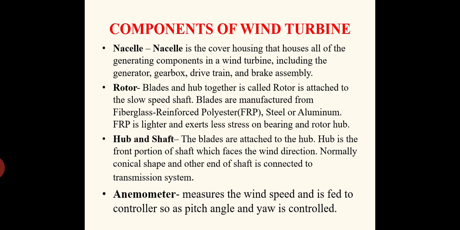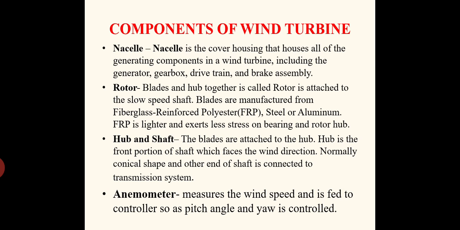Now blades are manufactured from fiberglass reinforced polyester, simply known as FRP, or from steel or aluminum. Sometimes wood polished blades are also there. FRP is lighter and exerts less stress on the bearing and rotor hub. So usually FRP is most commonly used because it is lighter in weight.